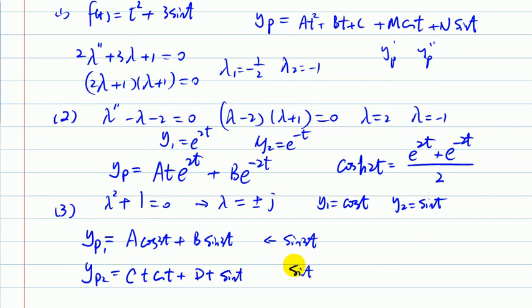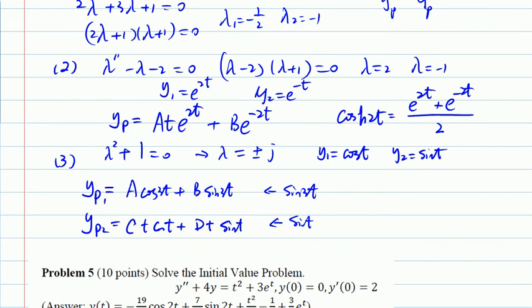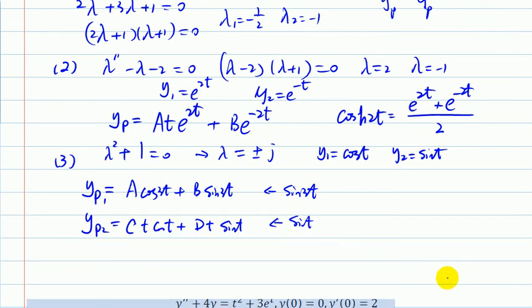So that's basically what you need to be careful about here. The rest of the work is very procedural. Just calculate y prime and y double prime, then group all the similar terms for solving for the coefficients a, b, c, d.